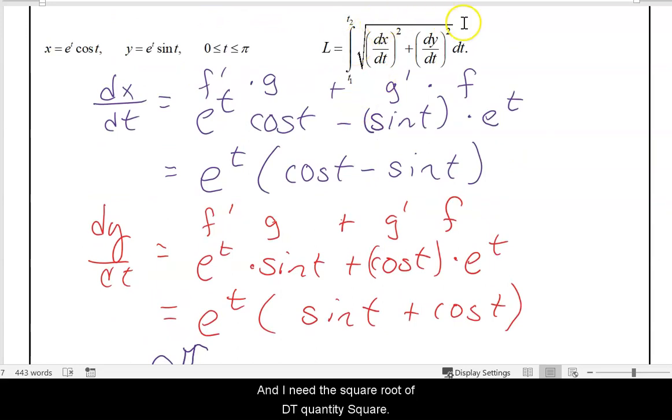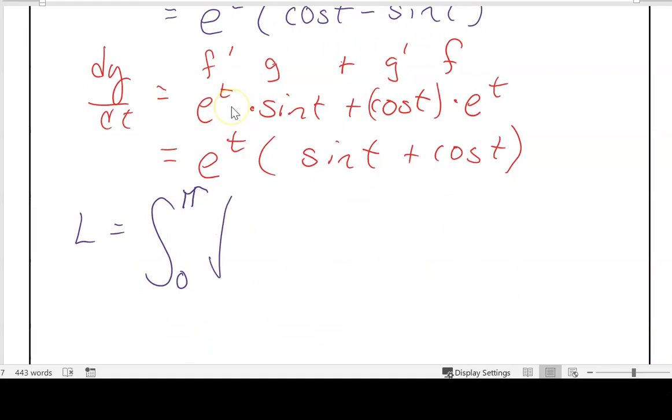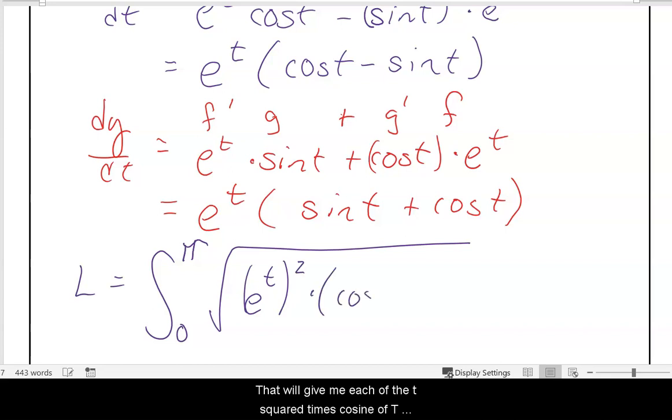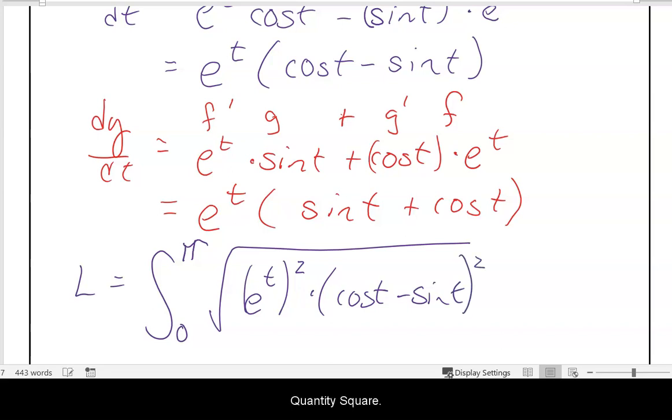Then I need the square root of dx dt quantity squared. The dx dt, of course, is e to the t times the quantity cosine minus sine. That will give me e to the t squared times cosine of t minus sine of t quantity squared.